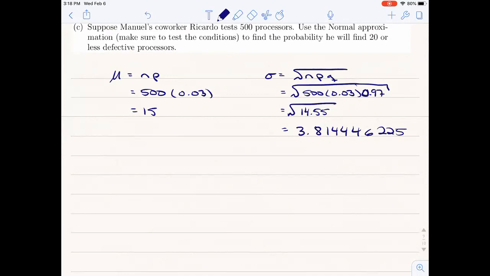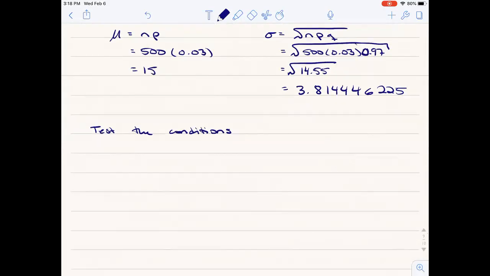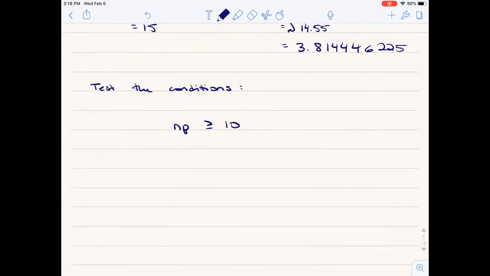And so we have to test the conditions, which I kind of left you to read on your own. What we have to make sure is that our sample size is large enough, so that n times p has to be greater than or equal to 10. In this case, n times p is 500 times 0.03, which is 15, which is greater than or equal to 10.